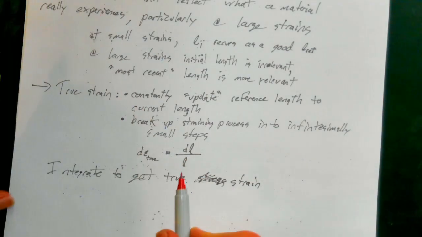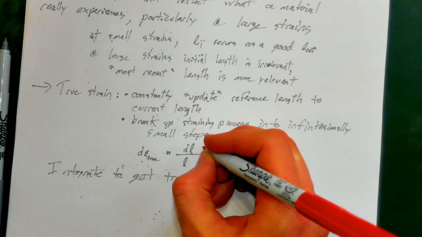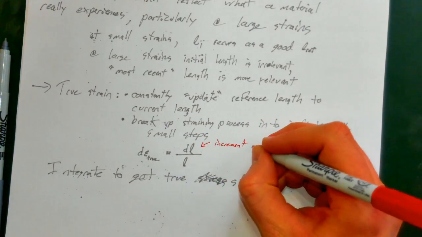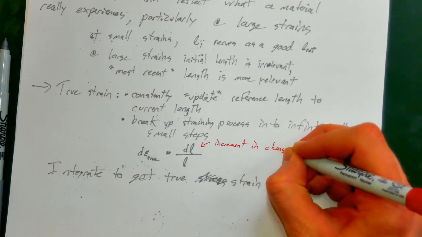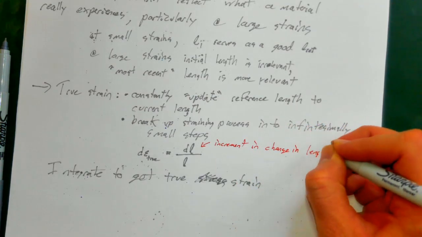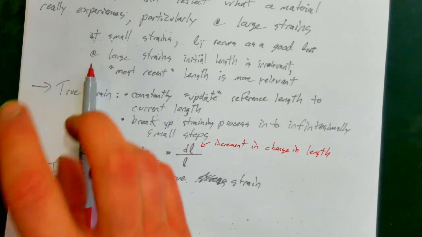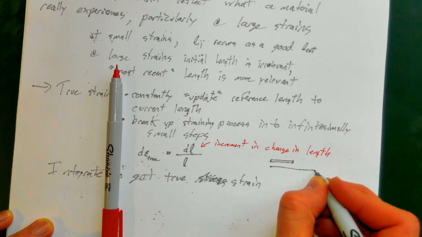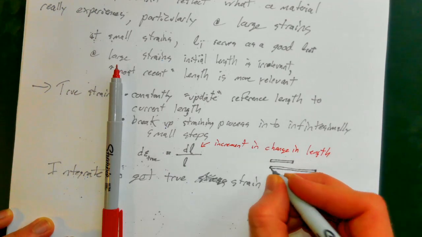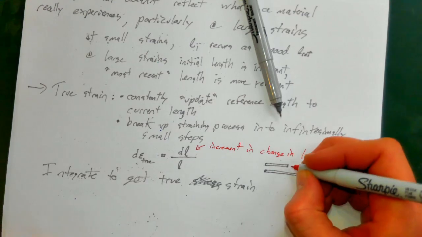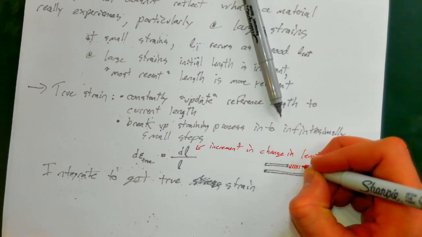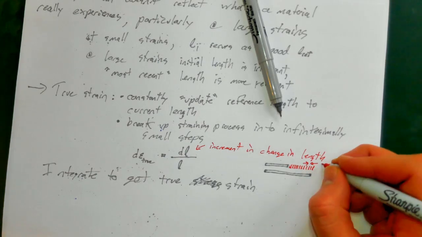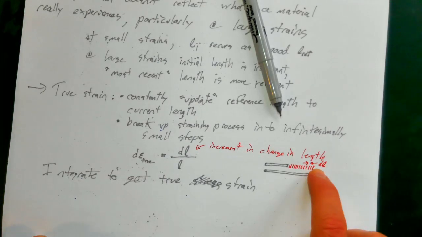So just to recap what's here. This is an increment in change in length. So in a sense, if I started with a rope that was like this, and eventually I ended up with a rope that was like that, I would break up the change in length into an infinite number of infinitesimally small pieces, and I would call each of those dl.